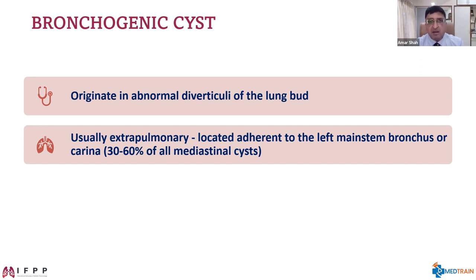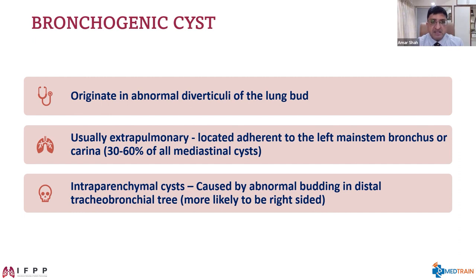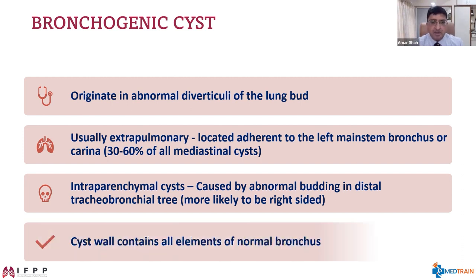Bronchogenic cysts are the cause of almost 50% of all mediastinal cysts. The bronchogenic cysts may also be intraparenchymal and they are caused by abnormal budding in the distal tracheobronchial tree. These may, however, be more on the right side. The cyst wall contains all the elements of a normal bronchus.